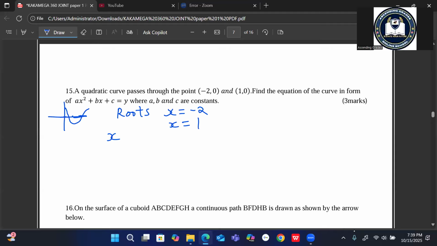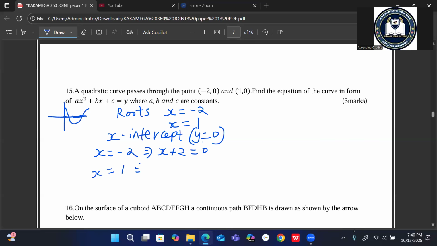So these are the x-intercepts, where y is 0. Since x is equal to negative 2, x plus 2 is equal to 0. x is equal to 1, so x minus 1 will be equal to 0. So multiply the two, x plus 2 and x minus 1, equal to 0.